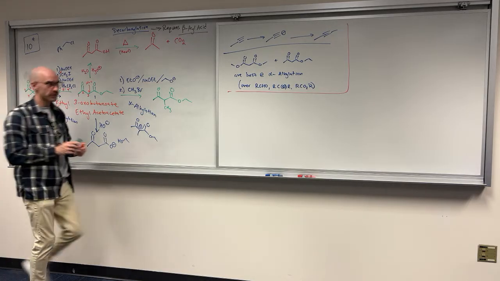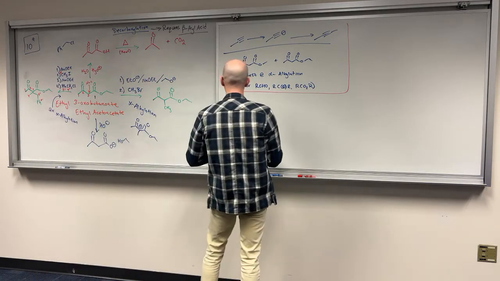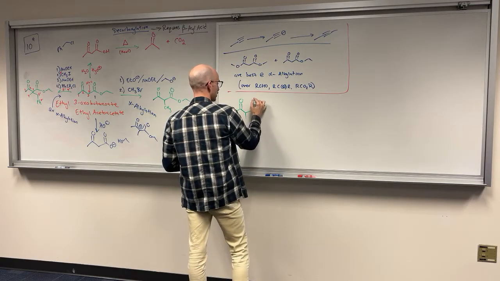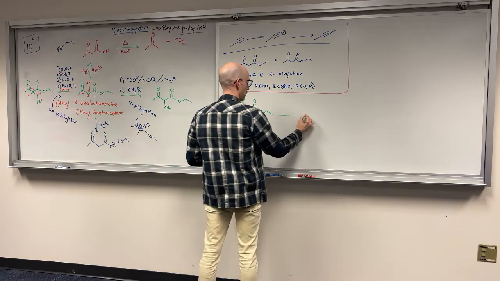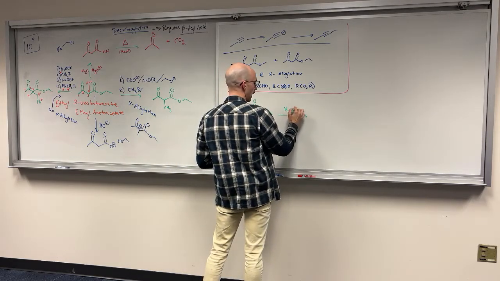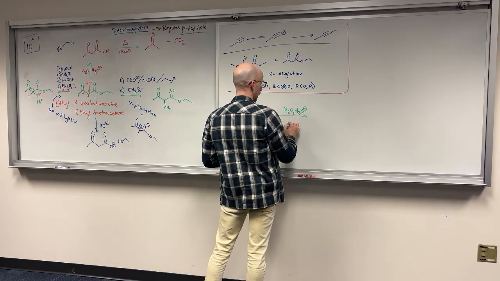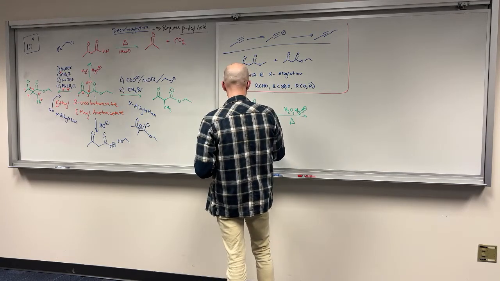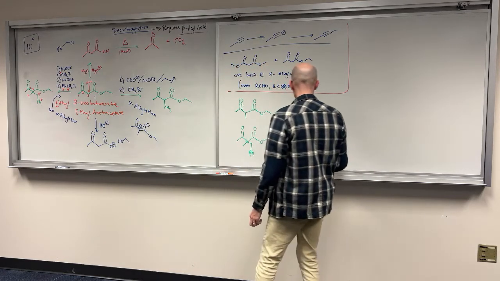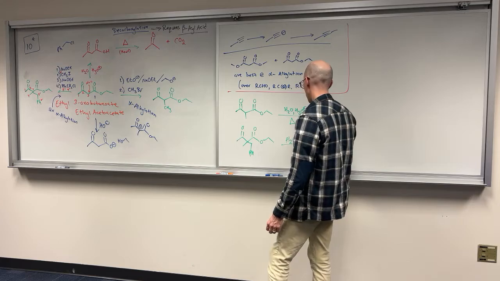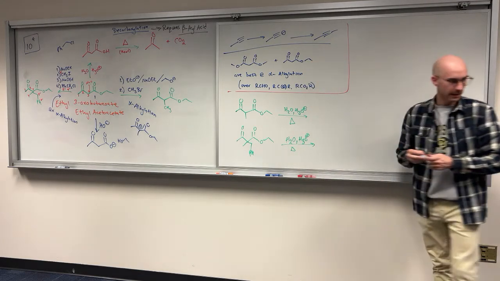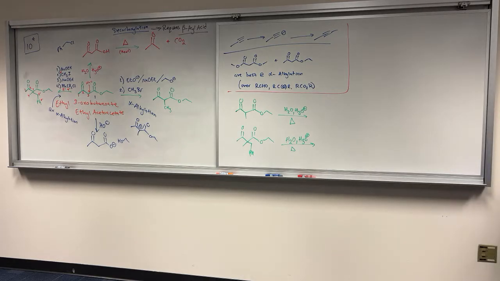So first, let's take these other products that we made and look at their decarboxylation products. H2O, H3O+, and heat with our methyl alkylated, and then H2O, H3O+, and heat with our methyl and benzyl substituted product.